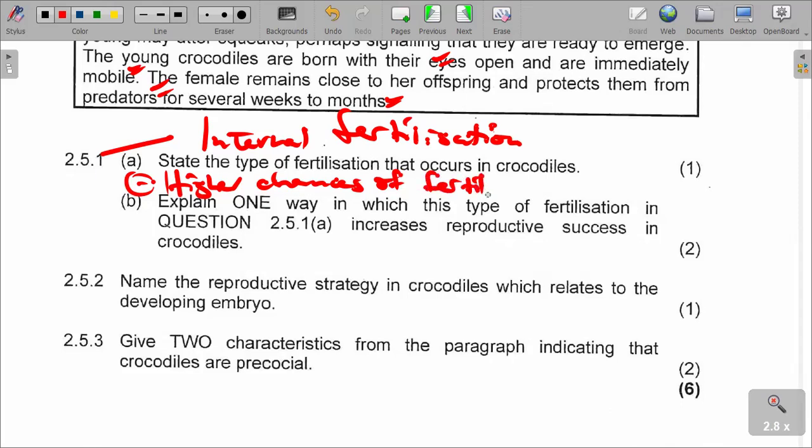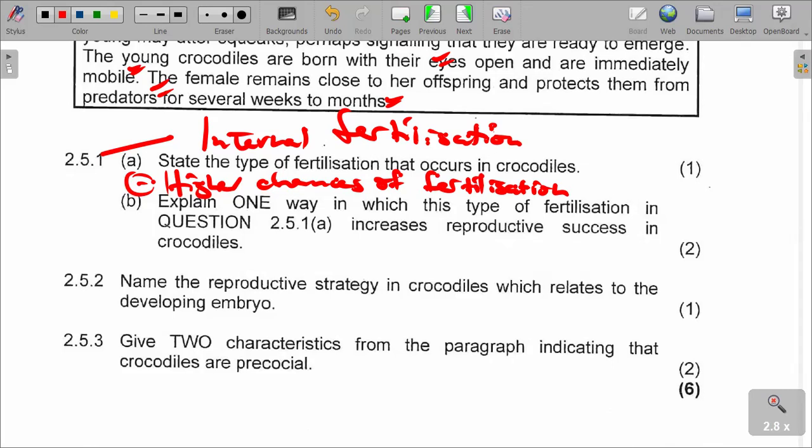There are higher chances of fertilization because sperm cells are deposited inside the female's body.